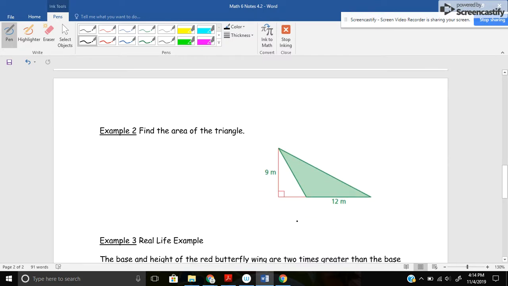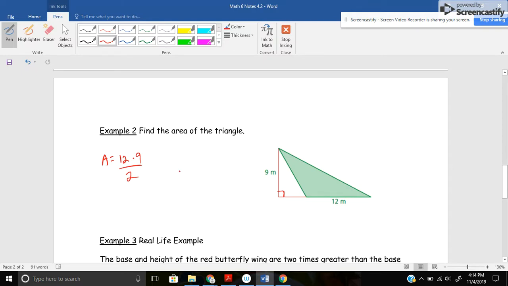Example 2 isn't a whole lot different. It just looks a little tricky. This is just to remind you that the height we're concerned about is the height created by the 90-degree angle. This height does not matter. It doesn't make a 90-degree angle here. So base is 12, area equals base 12 times height 9 divided by 2, same thing as multiplying by half.